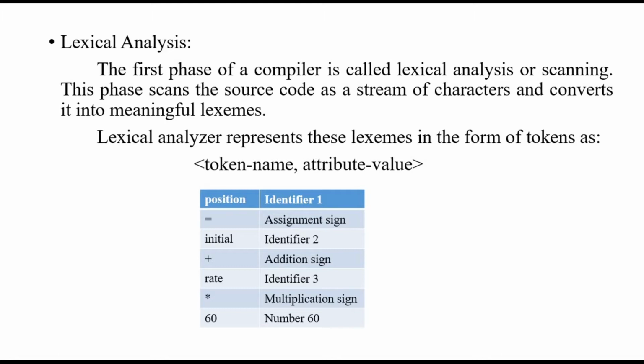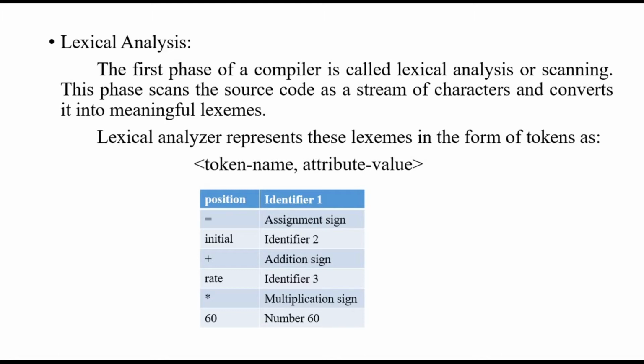So a token is a pair consisting of a token name and an optional attribute value. The token name is an abstract symbol representing a kind of lexical unit, for example, a particular keyword or a sequence of input characters denoting an identifier.